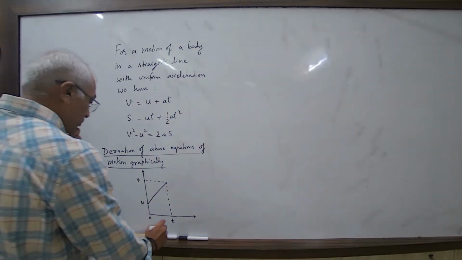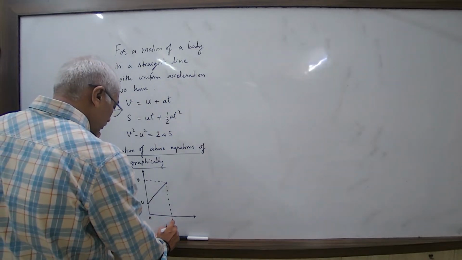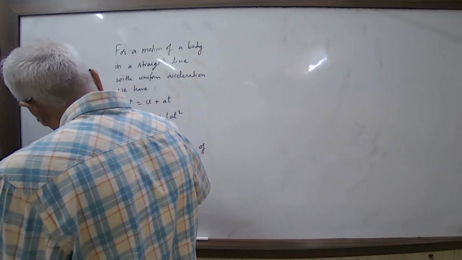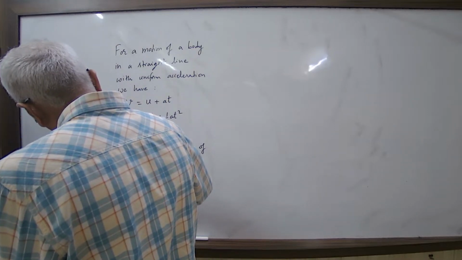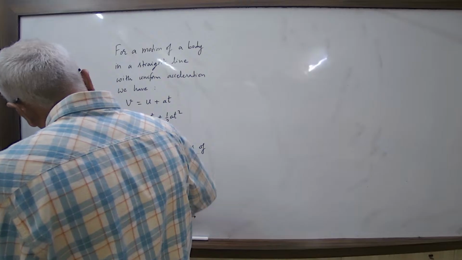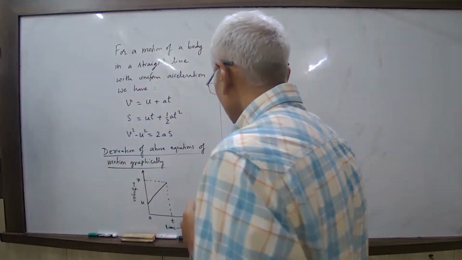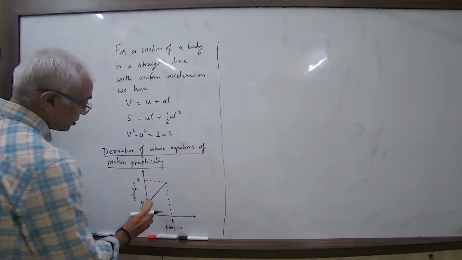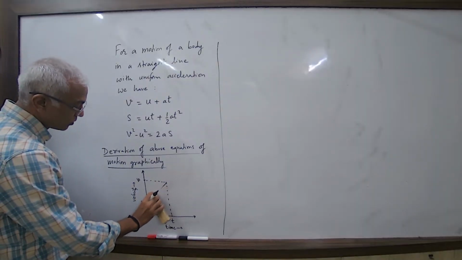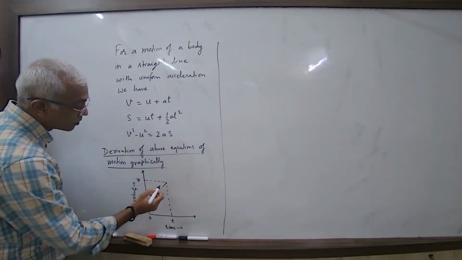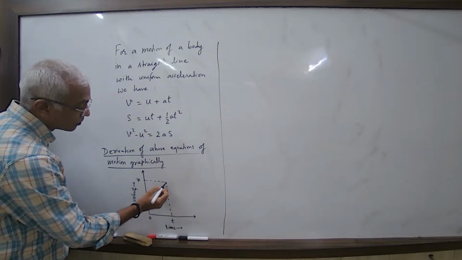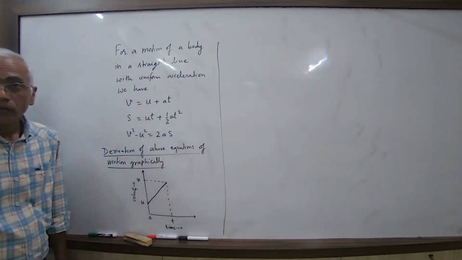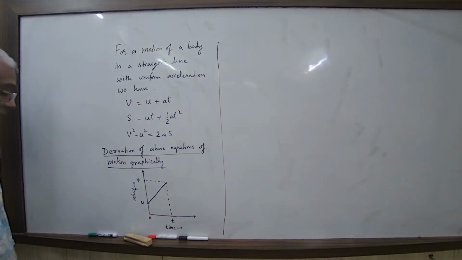This is time, and this is velocity. Okay, this is a straight line. Clear?